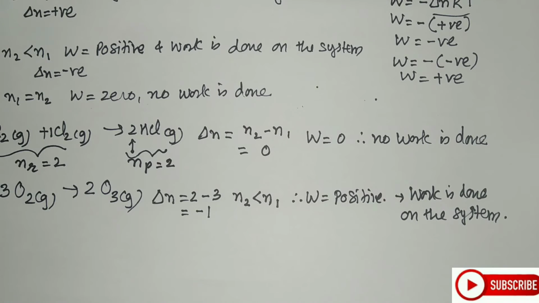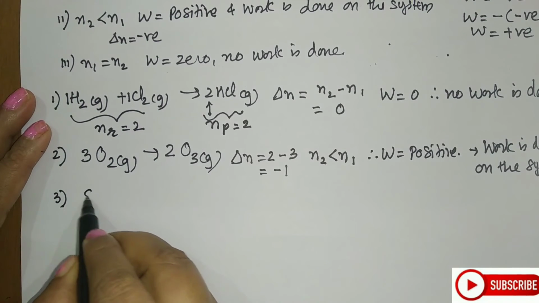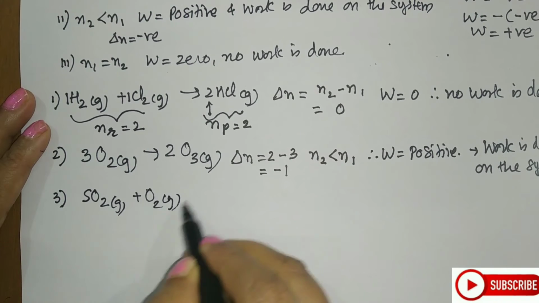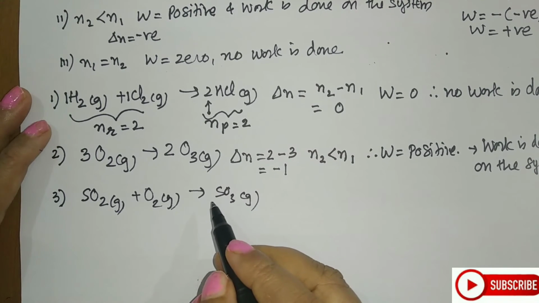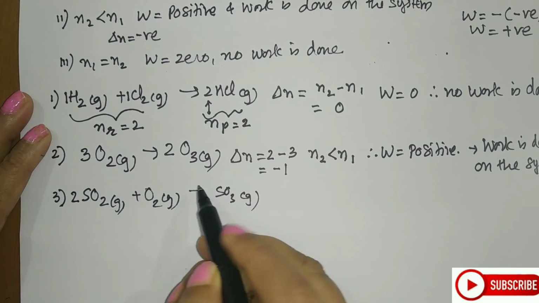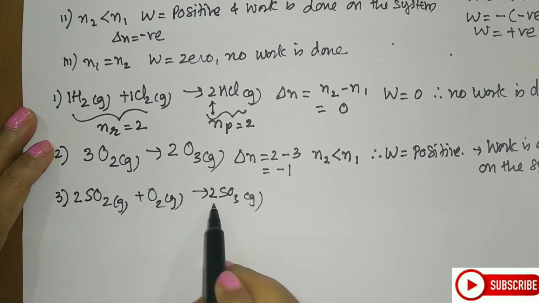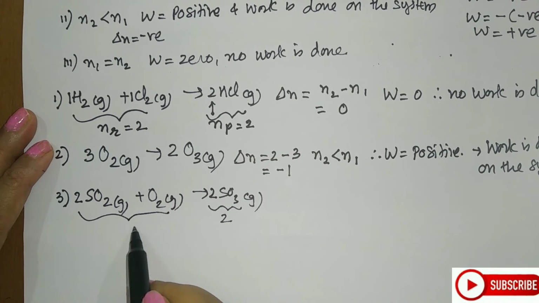Let us move on to the next example. The next example is formation of sulfur trioxide. So let us write this. SO2 gas plus O2 gas gives SO3 gas. Let us balance the equation now. After balancing the equation, you will get it this way. Let us calculate the value of delta N. Here on this side it is 2, this side it is 3.